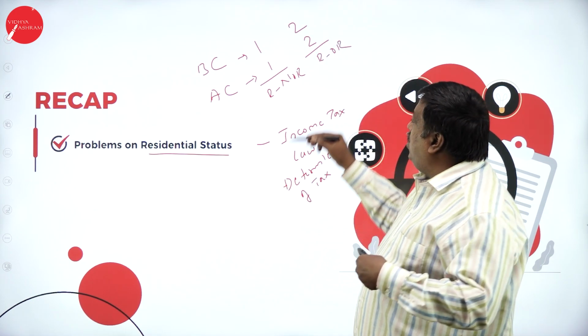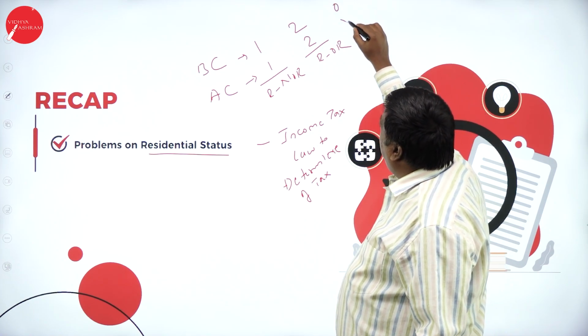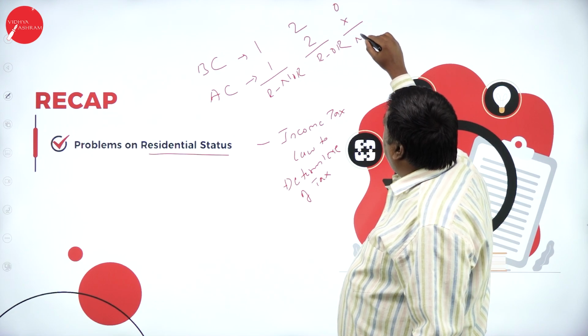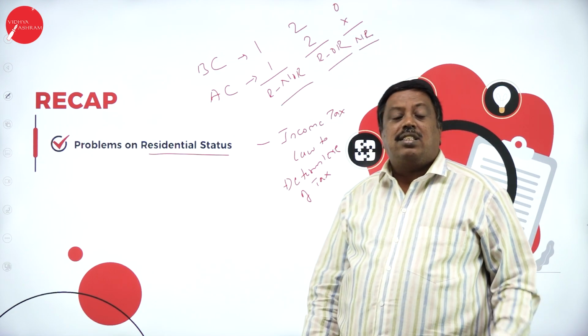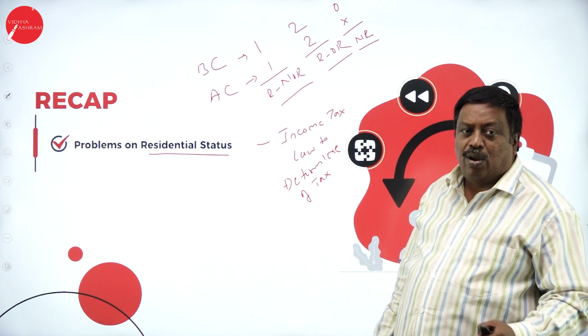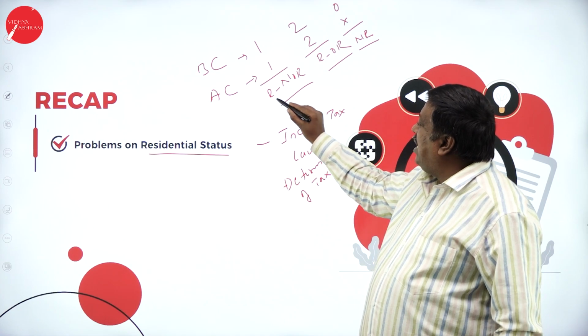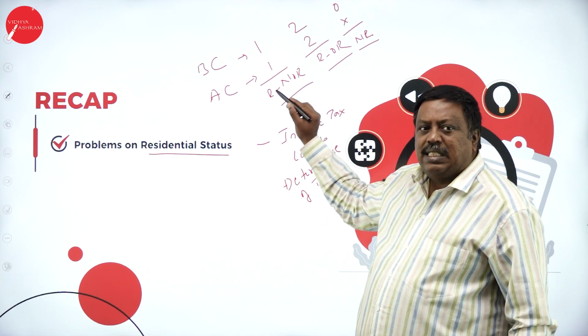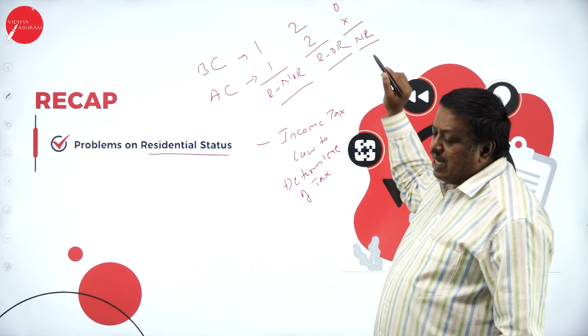When an individual doesn't satisfy the basic condition, there is no need to verify the additional condition, and his status will be non-resident. So there are 3 residential statuses as per the income tax law: resident, not ordinary resident; resident, ordinary resident; and non-resident.